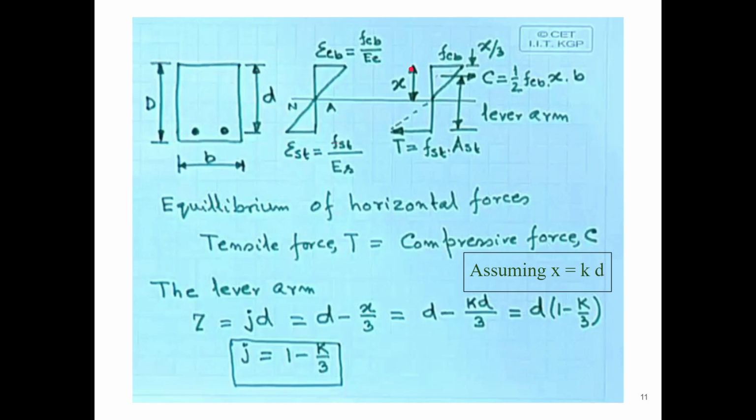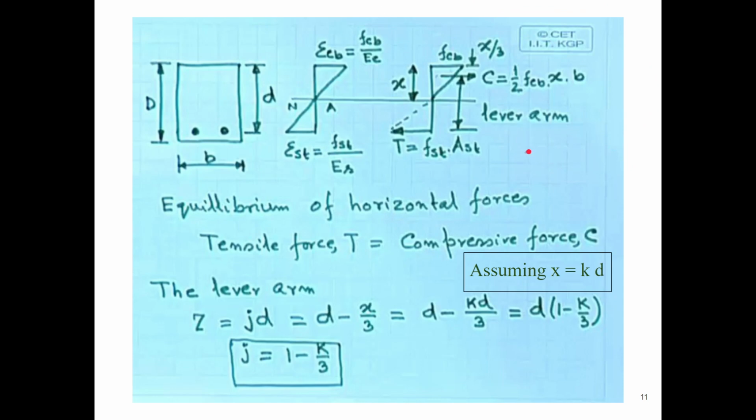As per Hooke's law, epsilon CB is equal to FCB by EC, because this is a straight line, so the stress is directly proportional to strain, and the elastic modulus is the proportionality constant. Similar is the case with epsilon ST, which is equal to FST by ES. So this is the strain diagram.